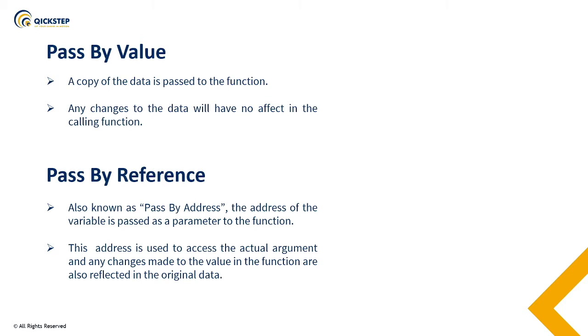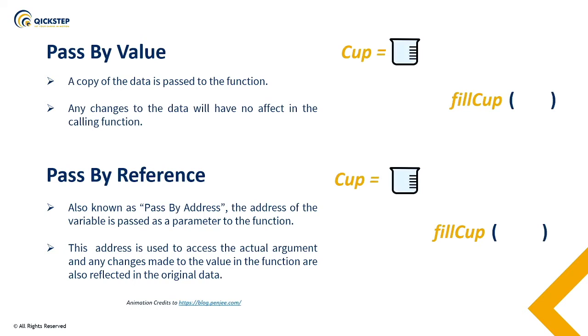So let's see with the help of a small example how it works. I have a cup with me and I have a function which fills the cup. In case of pass by value, the compiler creates a copy of the cup and passes that to the function. However, in case of pass by reference, a reference of the cup is passed to the fill cup function.